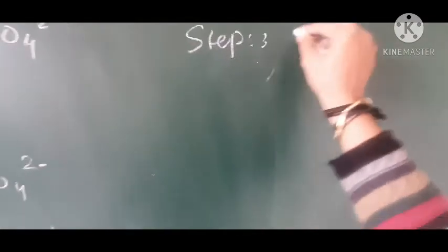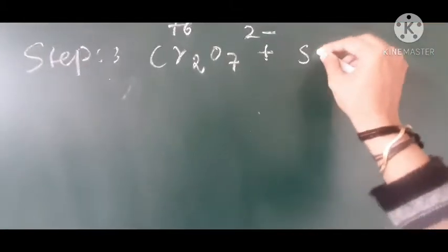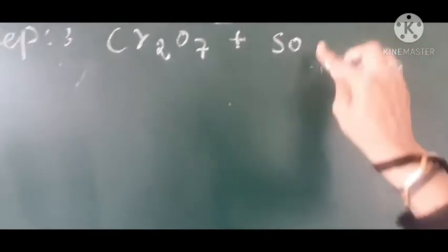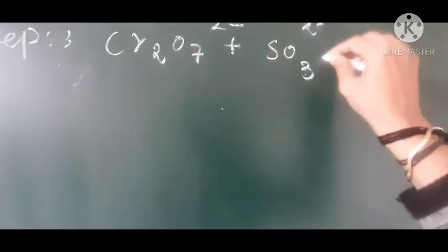Here in step 3 we write Cr +6 2O7 minus 2 overall charge, plus SO3 minus 2, which gives 2Cr plus 3 plus SO4 minus 2.